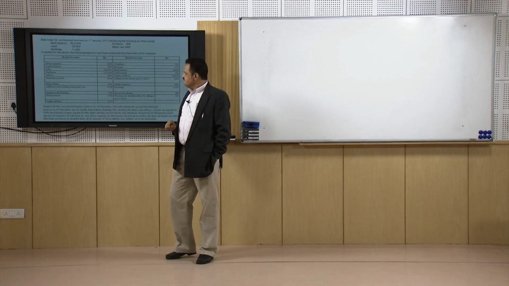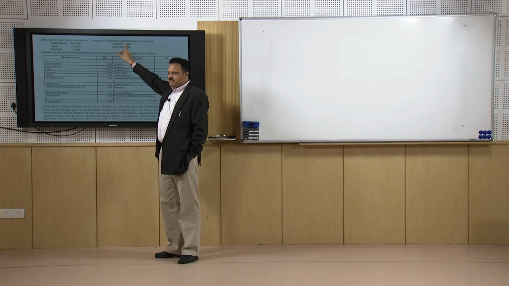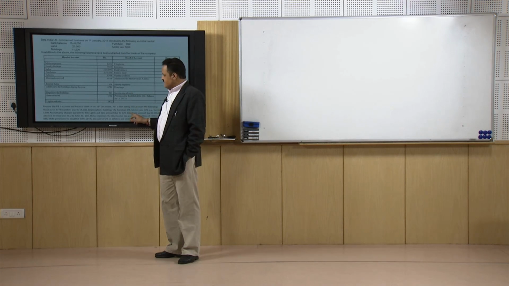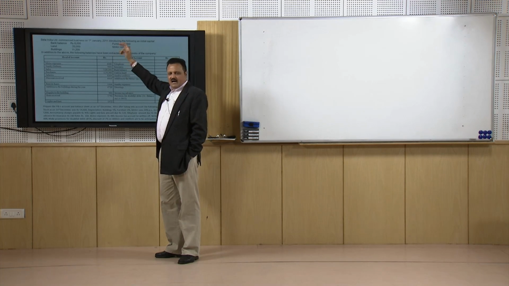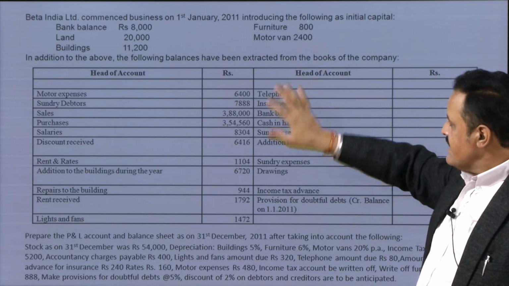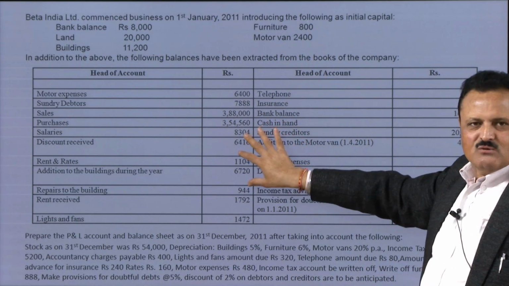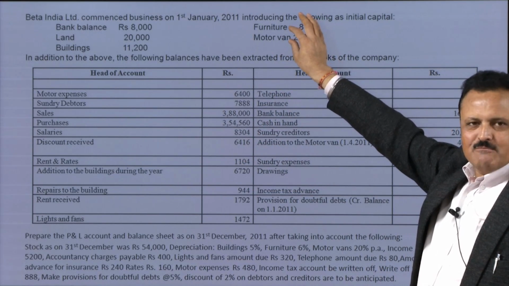Answer is no. Only a single treatment will be here, and single treatment for this information as well, and double treatment for this information only, because these are also the balances after the completion of the double entry accounting system, and like these balances, here also the double entry accounting system has been completed.